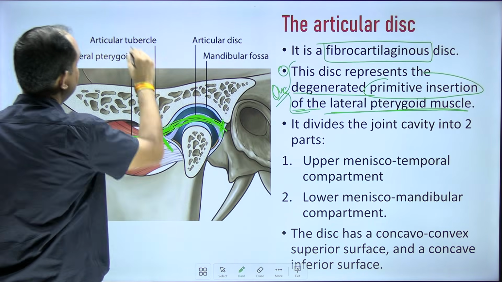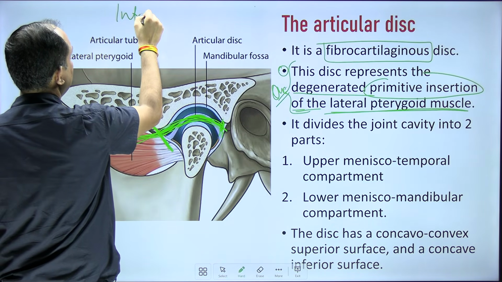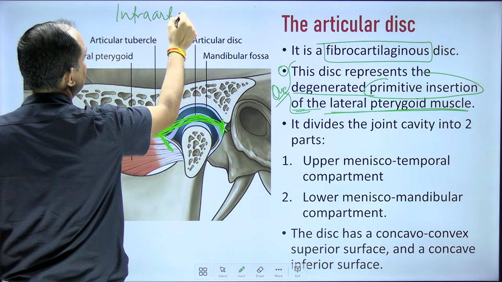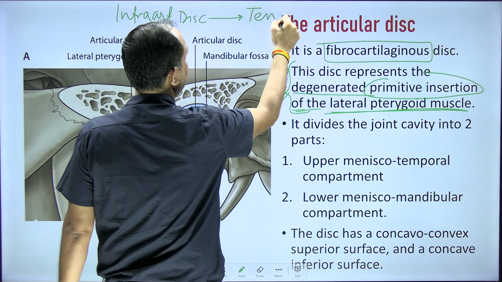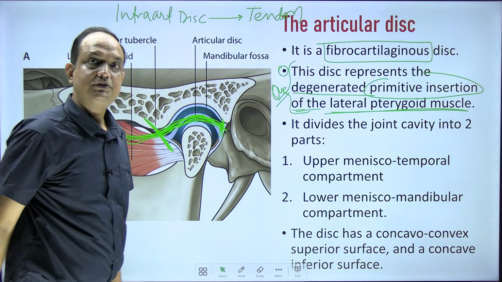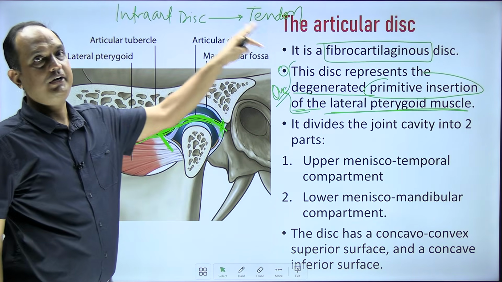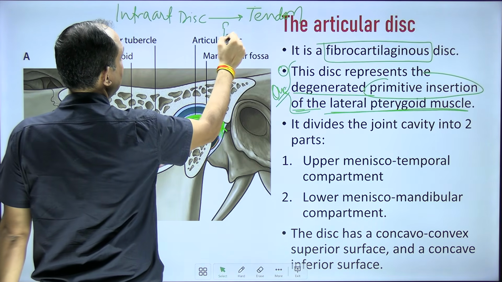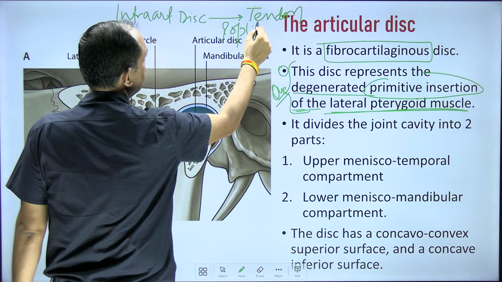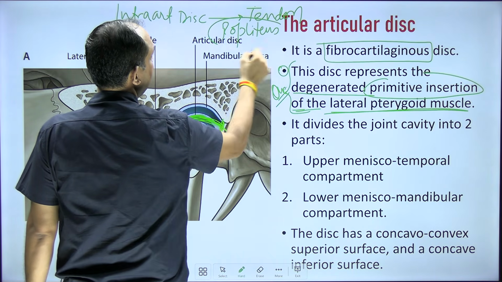But there is a vice versa question. Which intra-articular disc converted into the tendon? Answer is the intra-articular origin of a muscle of the knee joint, popliteus.